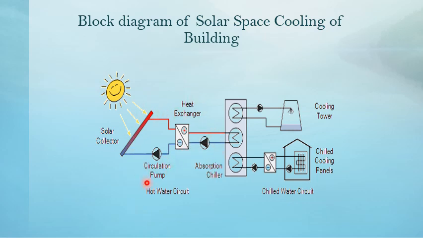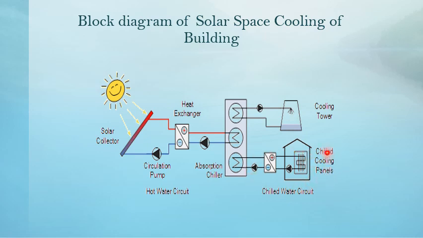Here the first part of the solar space cooling of building produces the hot water, so it is named the hot water circuit, and the second part is the chilled water circuit. The absorption chiller is connected with two terminals: one for the cooling tower and another for the chilled cooling panels.